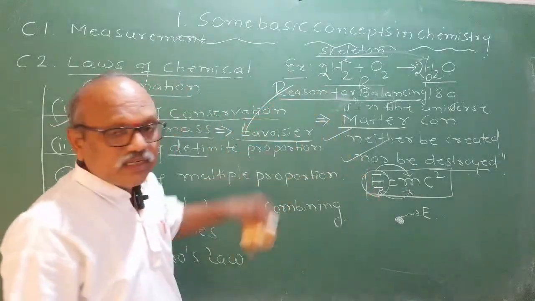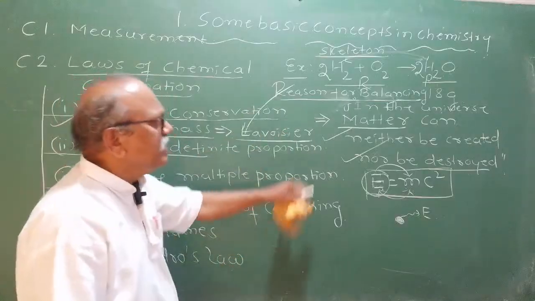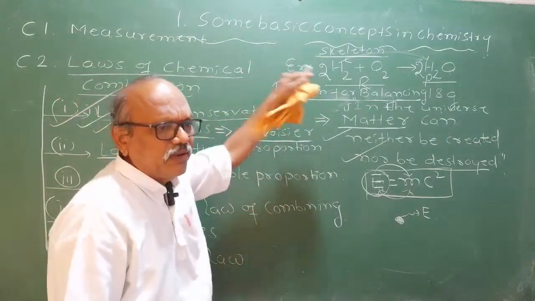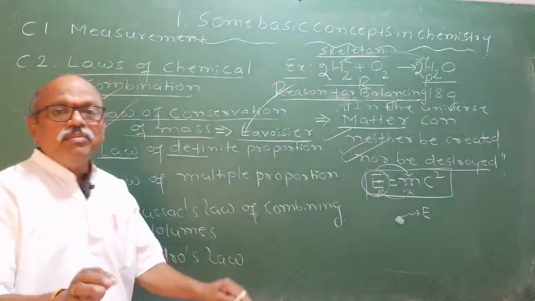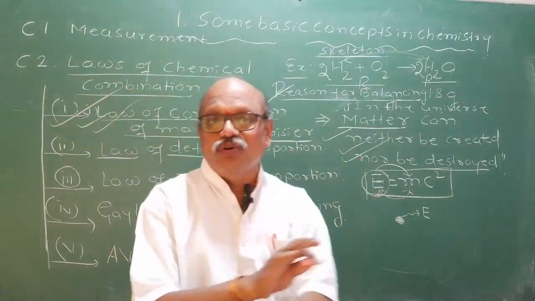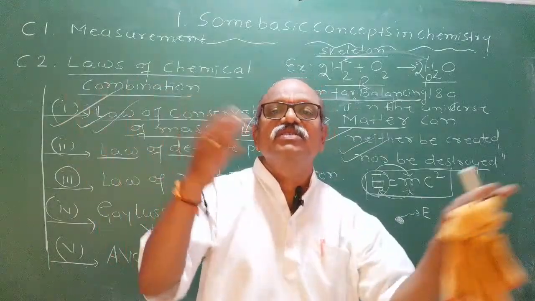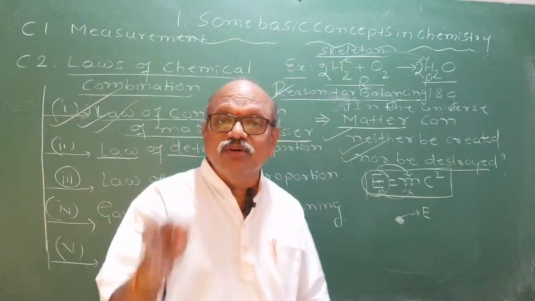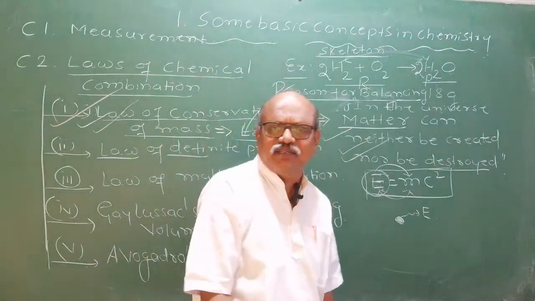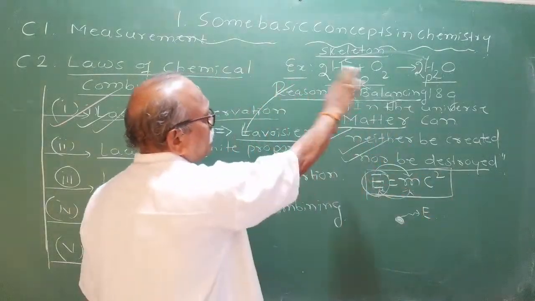We always say balance it. The skeletal equation should be balanced. Why? The reason is the law. Chemical reactions cannot take place without any law. The entire universe is running according to a law. Right? The entire universe is mathematically perfect. Therefore, this is a mathematical thing.